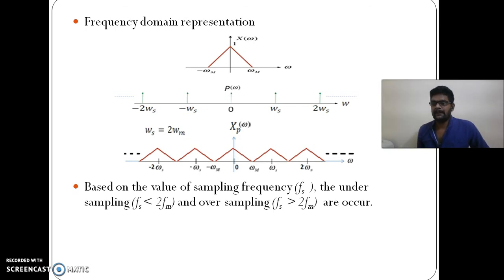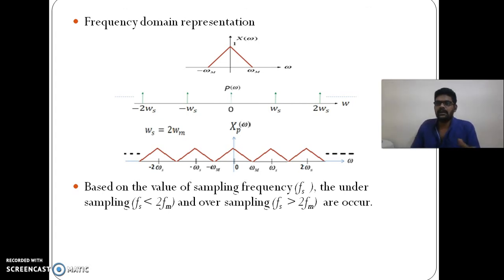But in a practical scenario, no sampling takes place at exactly the Nyquist rate, that is, at fs equal to 2fm. Practically, the sampling rate is at least 5 or 10 times greater than fm, that is, fs is taken greater than 5fm, for exact recovery of the signal.